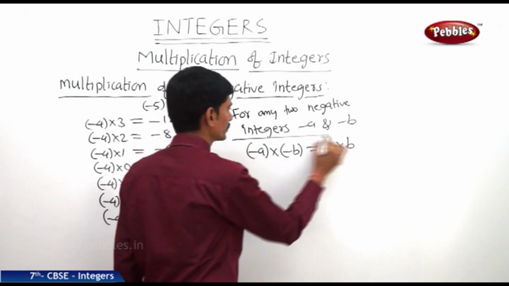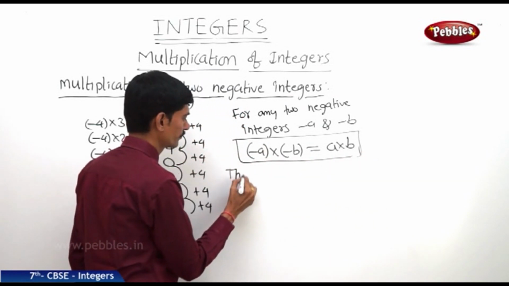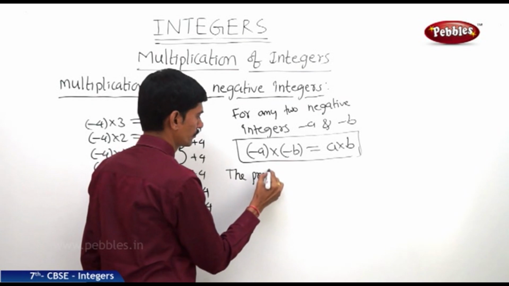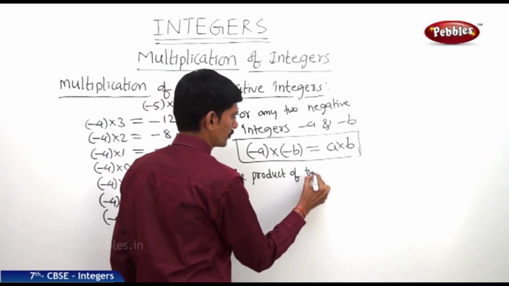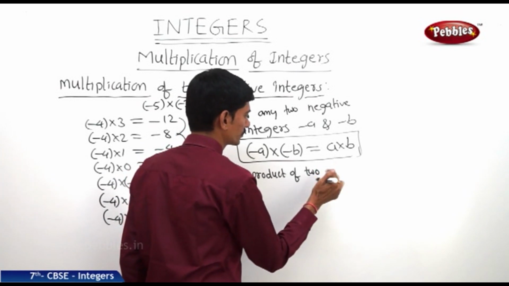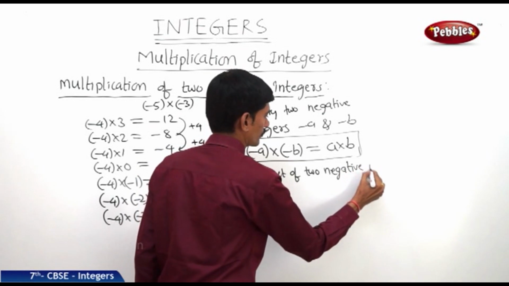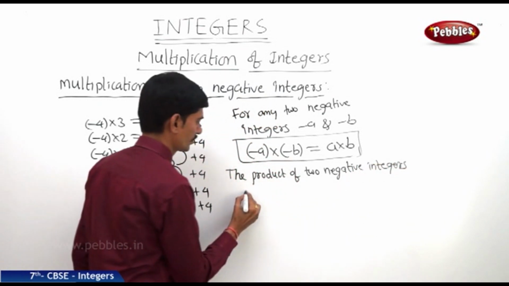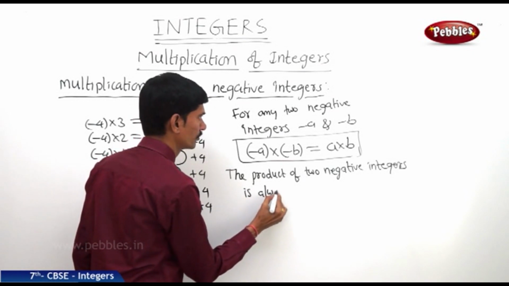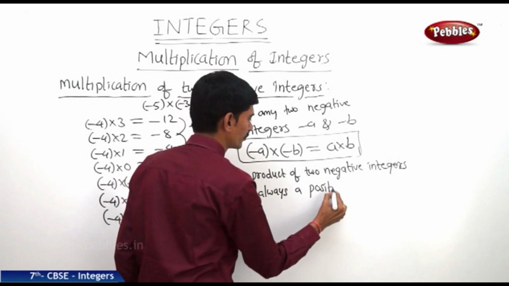So we can write that the product of two negative integers is always a positive integer.